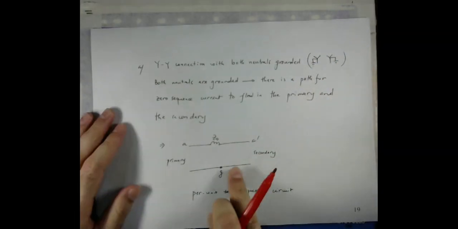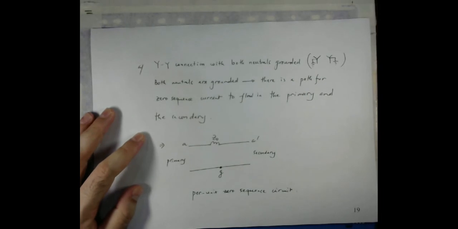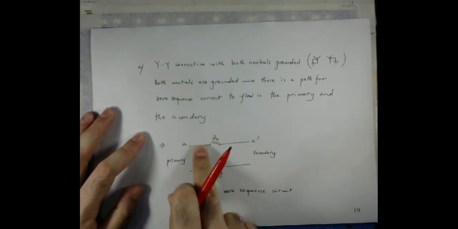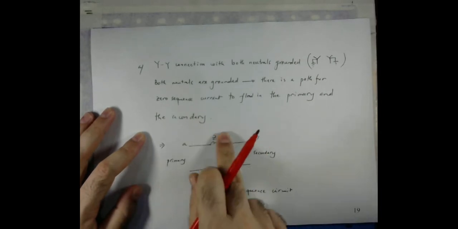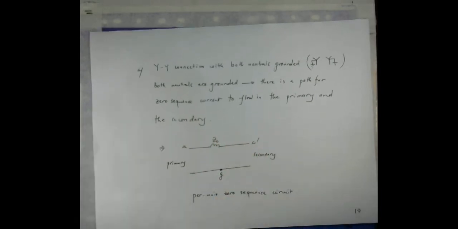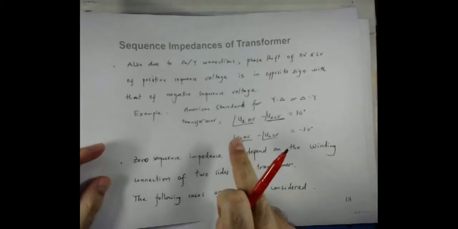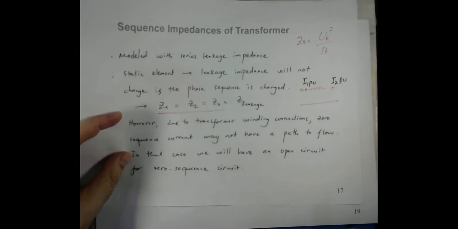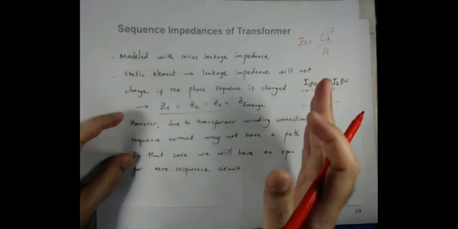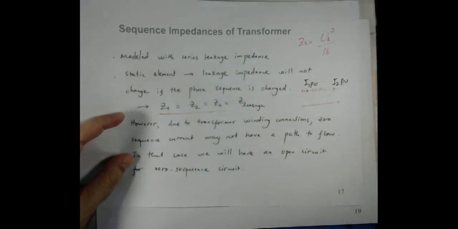So that's why we are only discussing the zero sequence networks. And as I mentioned, the transformers are modeled only with the leakage impedance, which is the same for positive, negative, and zero sequence. So they are equal because we have static elements and all are equal to the leakage impedance.